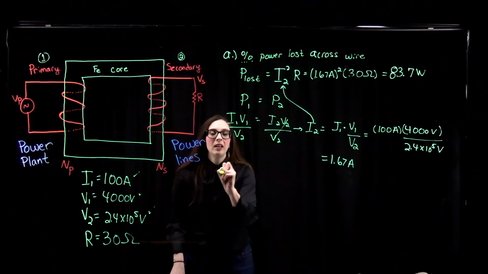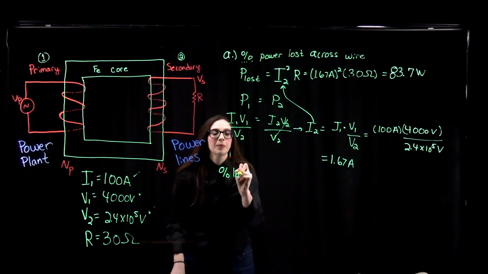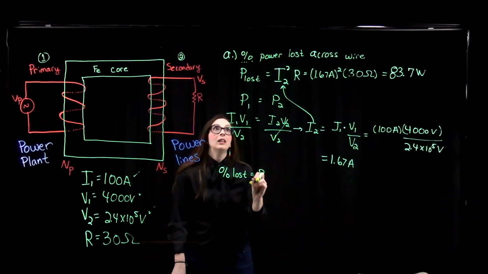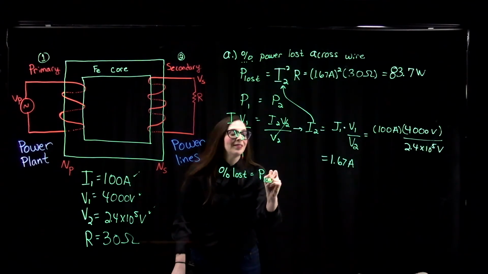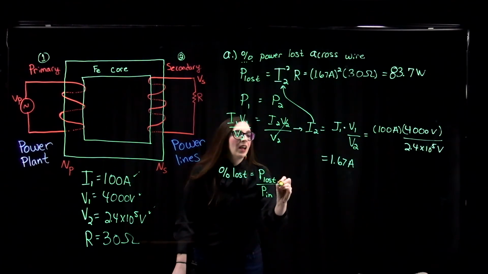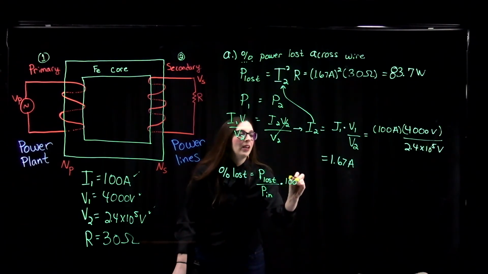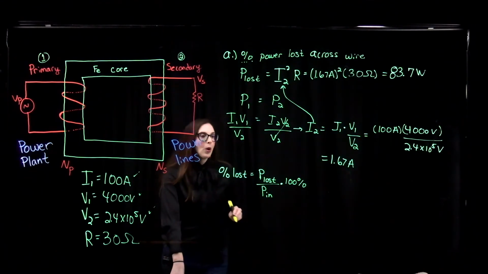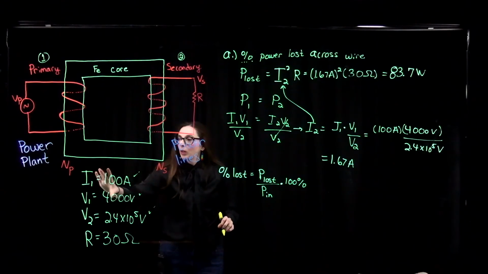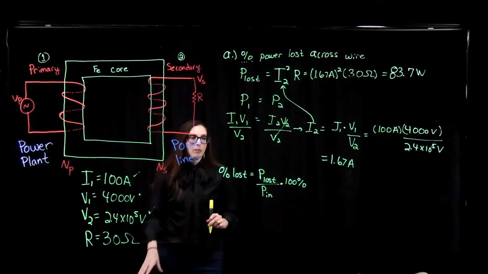So our percent lost will equal our power lost divided by our power input times 100%, right? So our input power, that's going to be the input current times the input potential.